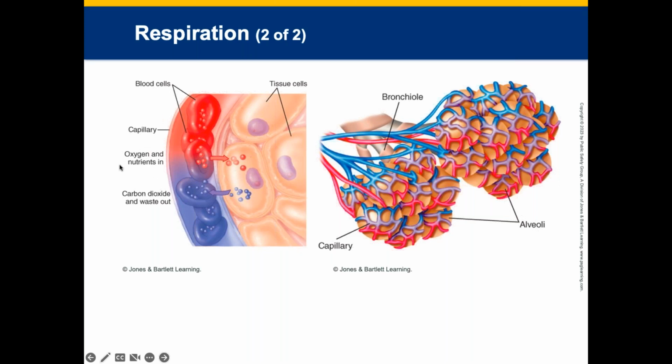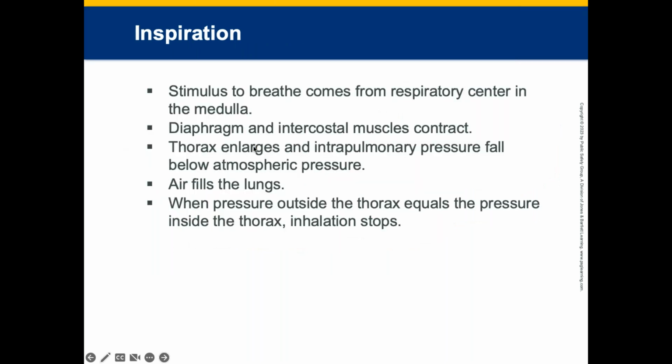Then we off-gas back out the bad stuff, that's our carbon dioxide and waste, right? So again, good stuff comes in on the red lines, the bad stuff comes out on the blue lines through the alveoli, right? And we'll get more into alveolar issues later in this lecture. So in the lungs, oxygen is picked up by the blood and carbon dioxide is given off, and that's how we get our measurements.